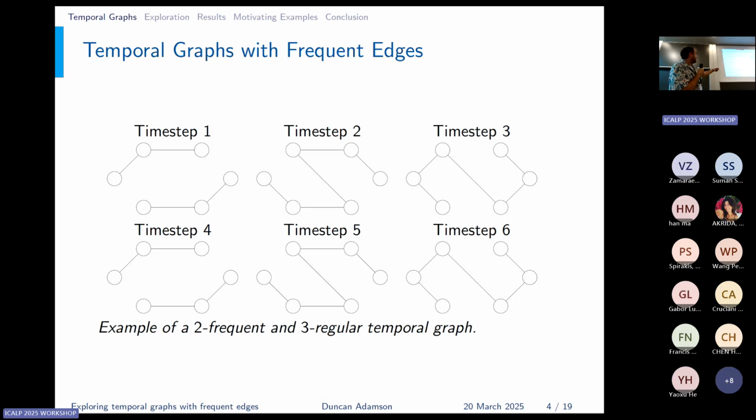But in terms of frequency, let's take the top edge. It's active in time step 1, it's active in time step 2, it's not active in time step 3, so we have to wait 1 time step, but then in time step 4 we get it again. So we're never having to wait more than functionally 1 time step, which means it's active at least once in any sequential pair of edge sets. And so it's 3 regular, but 2 frequent.